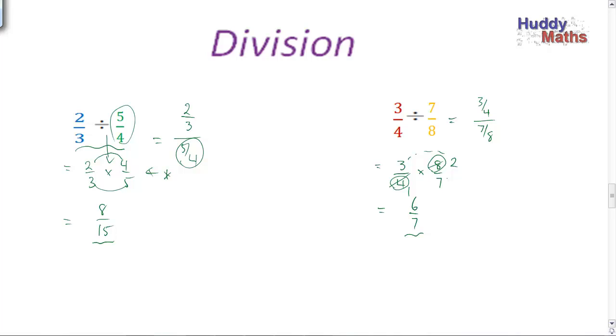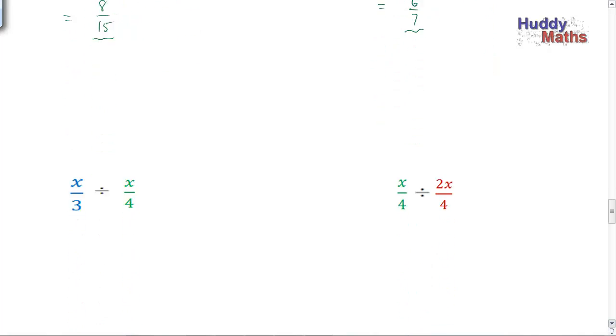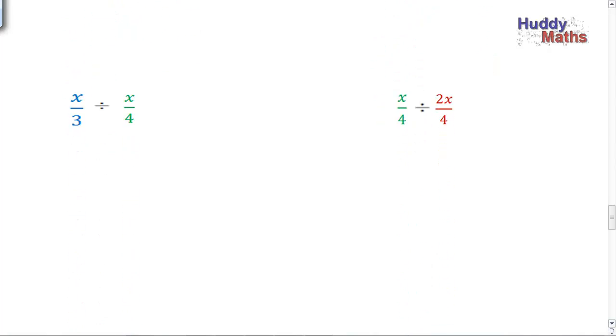Well, let's do it for some algebraic fractions as well. We've created quite a big thing here in algebra land, haven't we? Now we've got pronumerals. We've got to be able to do everything that we do with numbers in pronumeral land. Okay, bit of a challenge. Here we go. x over 3 divided by x over 4. And what's the rule say? Don't pick on x, there's only a little mystery number there.